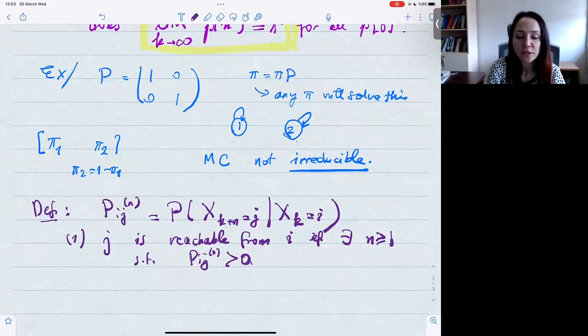Meaning, it is possible to go from i to j in a finite number of steps with non-zero probability. That means j is reachable from i.